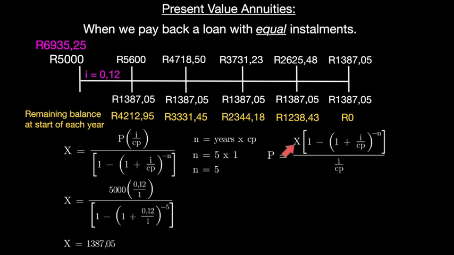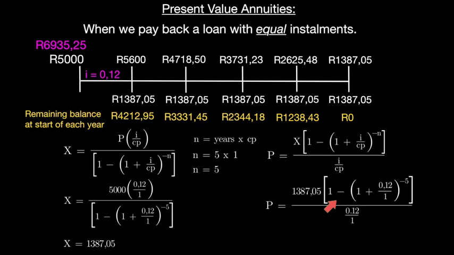So in the place of x, we put the equal payment of 1,387 Rand and 5 cents. 1 minus 1 plus, in the place of I, it's 0.12. Compound periods is 1, and in the place of n, it's 5. And we do the same for the bottom here. And then we end off with a purchase price of 5,000 Rand.